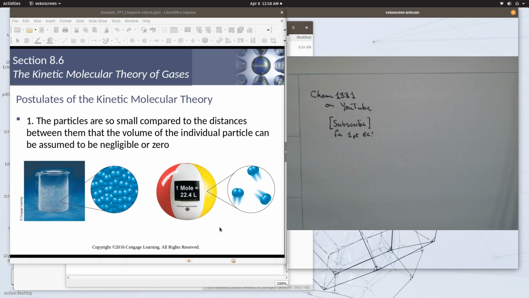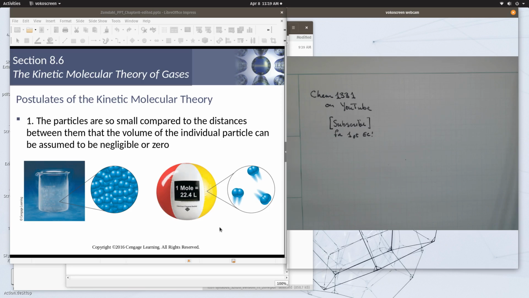These atoms are in constant motion, even at 0 degrees Kelvin, which is due to quantum mechanics, and they collide with each other, they occupy volume, they repel each other at short distance and attract each other at long distance. And we're going to use that to establish what's called the kinetic molecular theory.